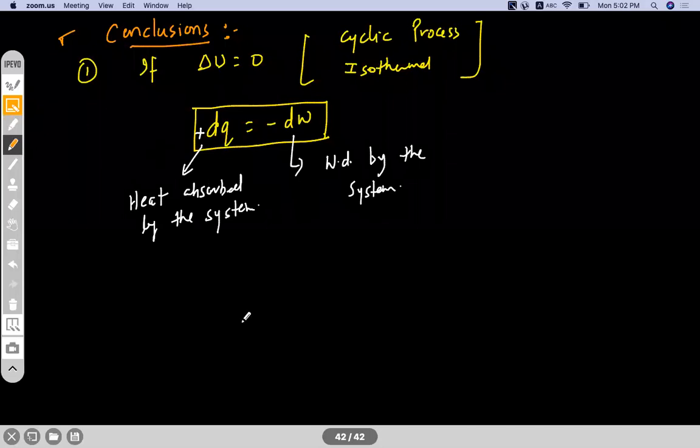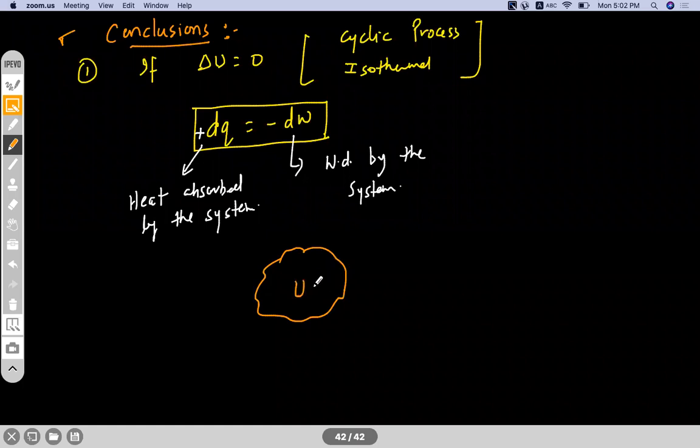If you try to understand it this way, suppose a system has some internal energy which we don't want to increase or decrease. It means we want delta U to be constant, delta U is 0. And the system is taking 10 joule of heat from the surroundings. We want U to be constant. What do we need to do so that U is constant while we are taking this 10 joule of energy?